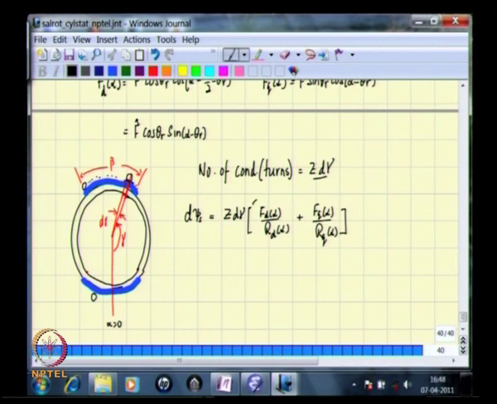This gives you the total flux and this gives you the number of turns, and therefore it is flux linkage.